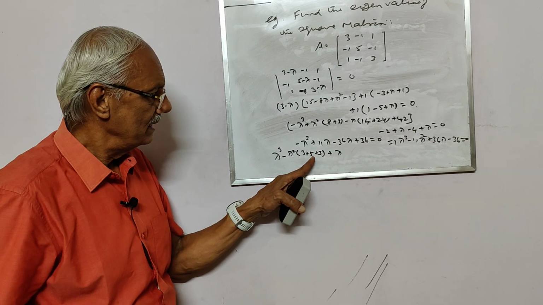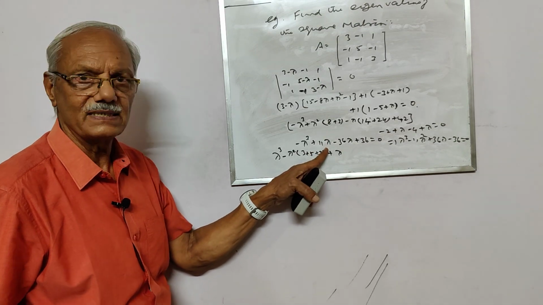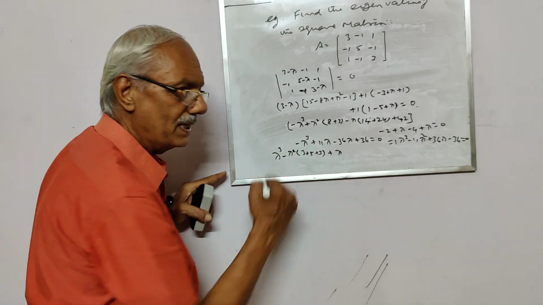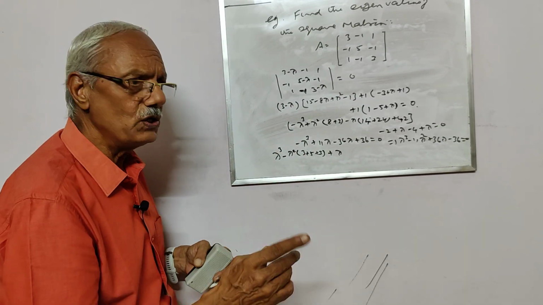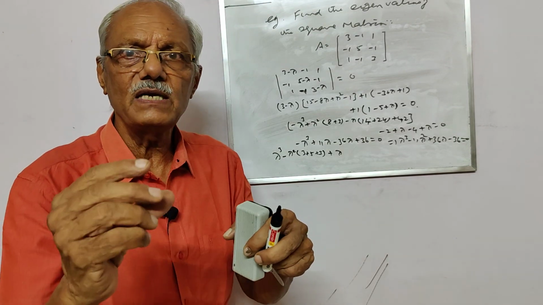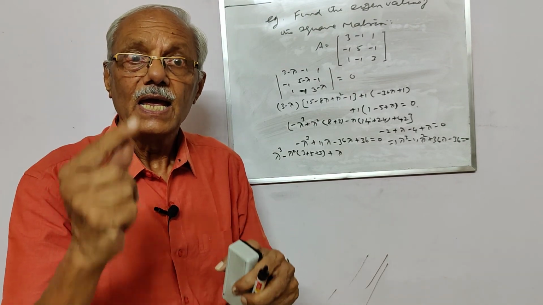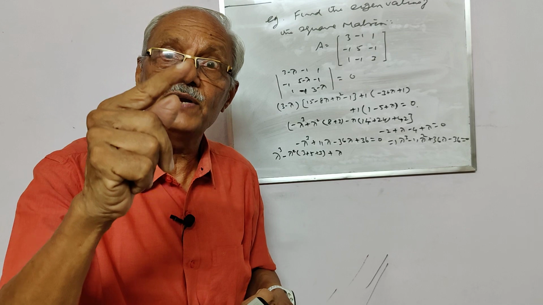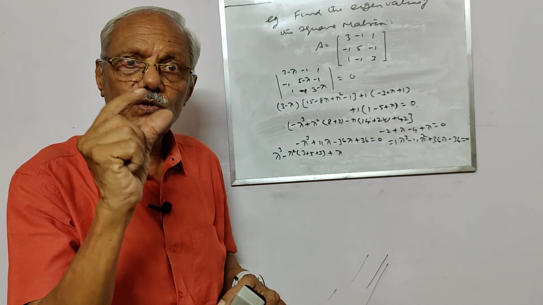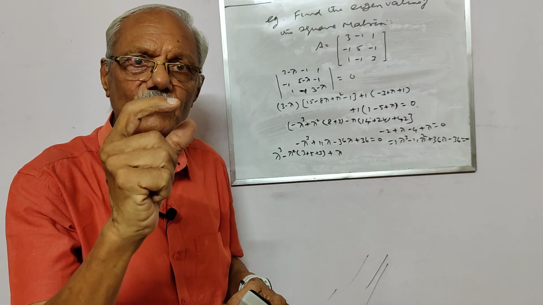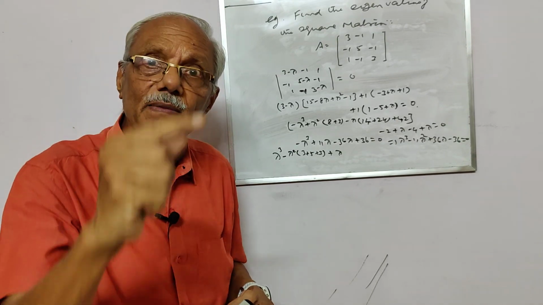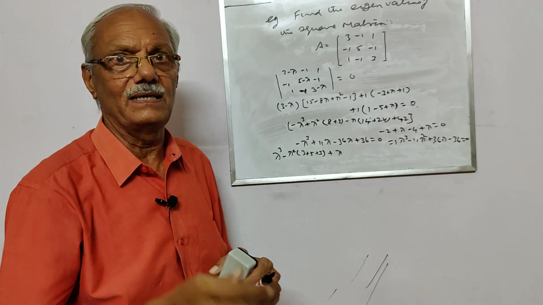See, we have got here minus 11 lambda squared plus lambda into, what you must do is get the determinant value of the minors corresponding to every diagonal element. Can you catch what I am telling you? You have to get the determinant value of the minor of every element in the principal diagonal.